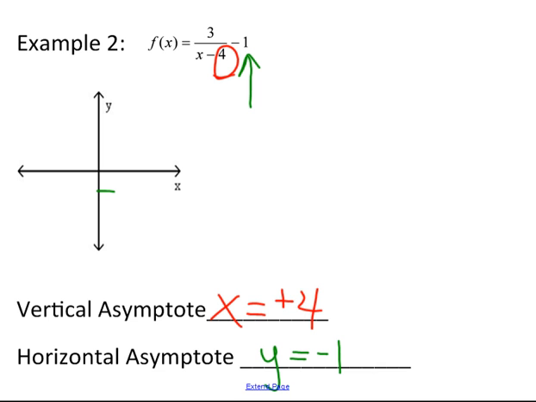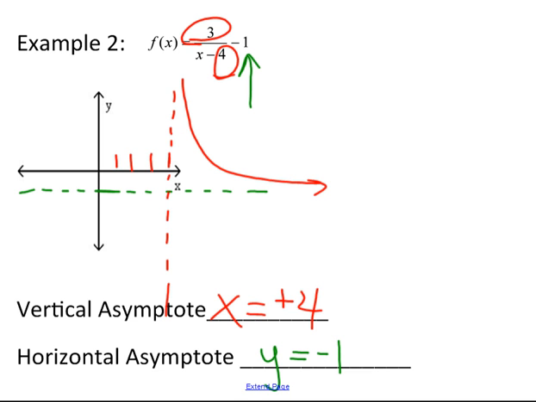Horizontal, negative 1. Vertical at positive 4. And the two pieces of the graph, we check to see if this is a positive or negative number. If it's a positive number, we need the right side to be up. And remember, they have to be opposites, so the left side is going to be down here.